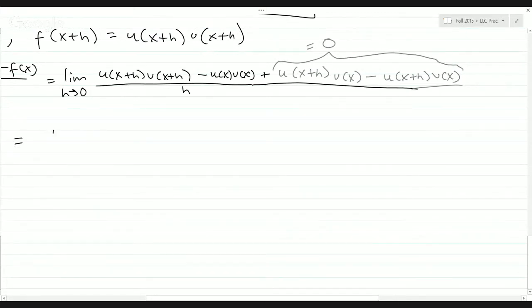So then this is equal to the limit as h approaches 0. They forgot something.